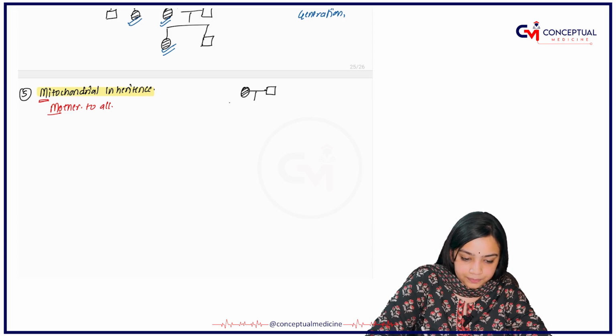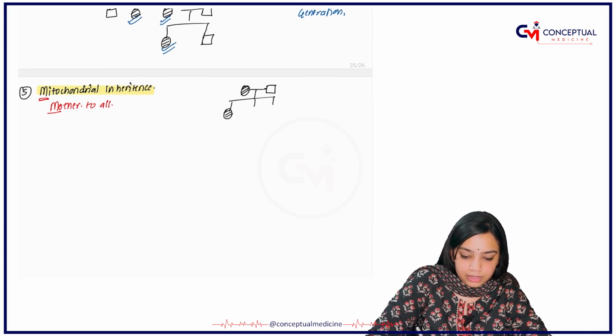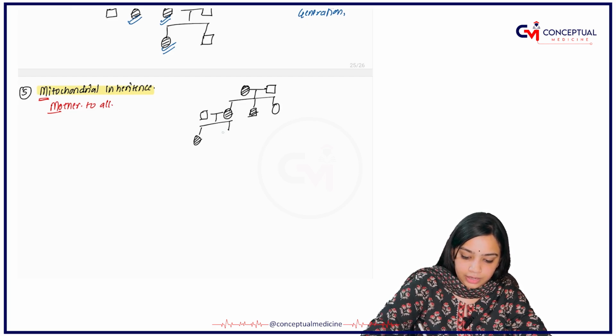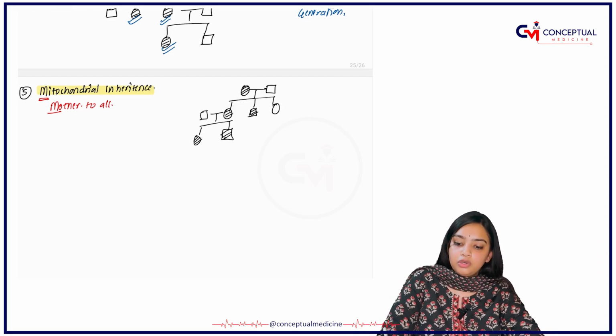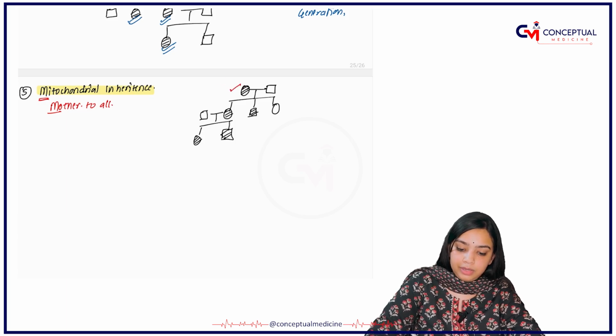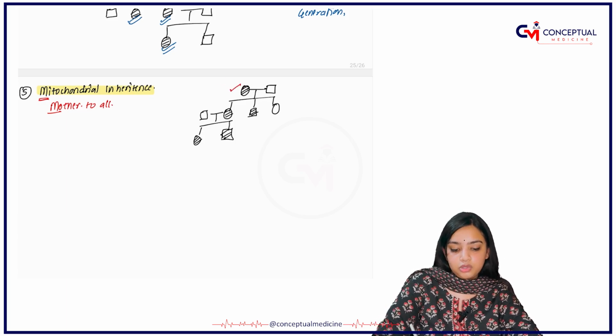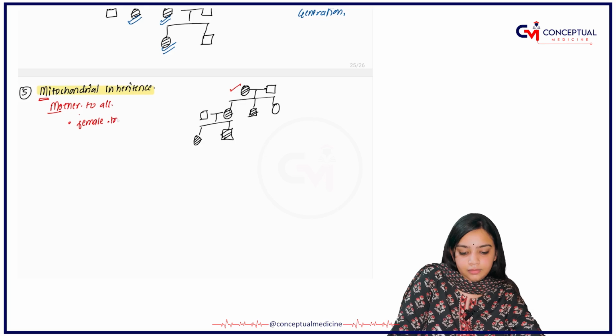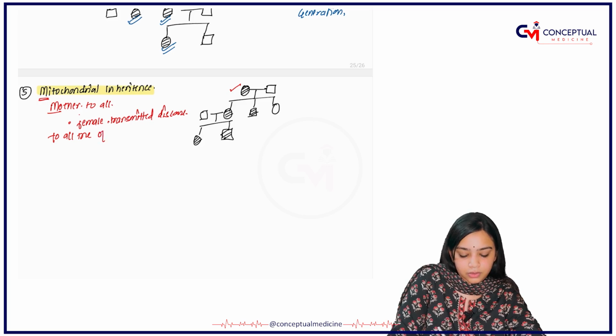Female affected, then the offspring, female affected, male affected, female normal, then the offsprings, you have the female affected and a male affected. So you are able to appreciate the pattern that the female was affected, and the female transmitted the disease to all the offsprings.